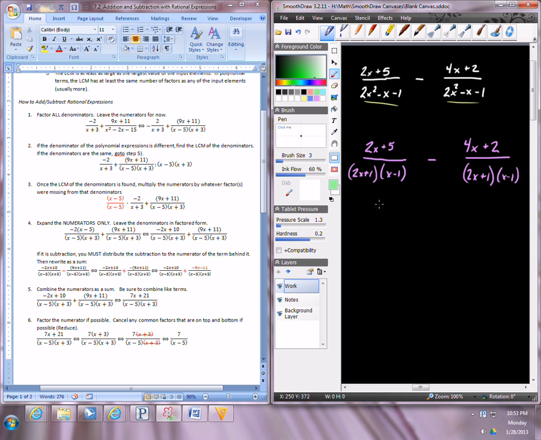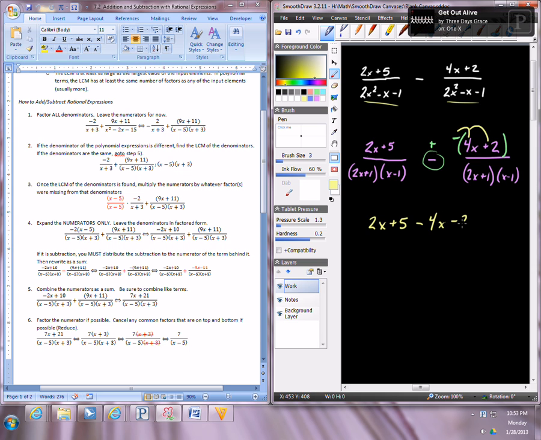So to do that now, I simply distribute this. I'm going to make this positive and this thing negative. If I write this out and combine them, I'm going to have 2x plus 5 on the top, minus 4x minus 2, all divided by the common denominator of 2x plus 1 times x minus 1.